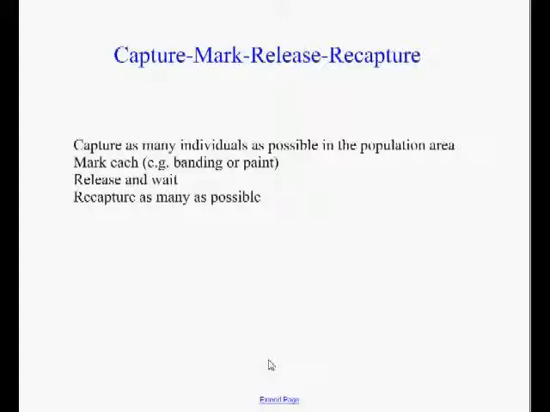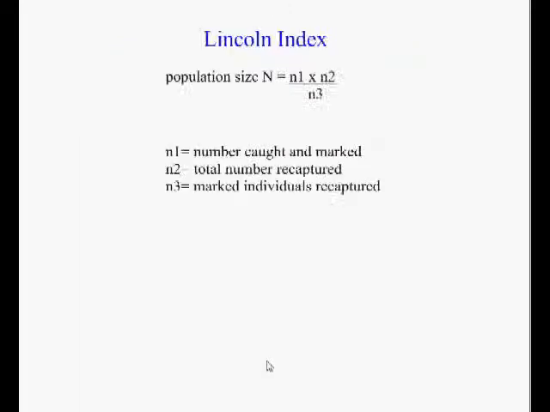But if you wanted to do an exact count with this capture, mark, release, recapture system, it would be the Lincoln Index. And this is a mathematical method to estimate the size of a population. We'll call the population capital N. What you do is you first capture and mark as many as you can. We're going to call that N1. Then you let them mix up in the population, and recapture some.